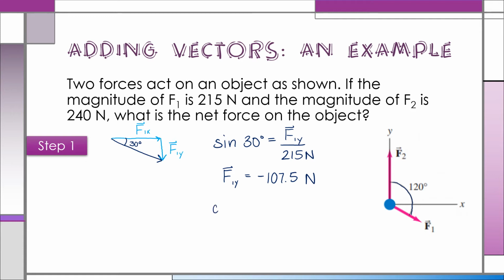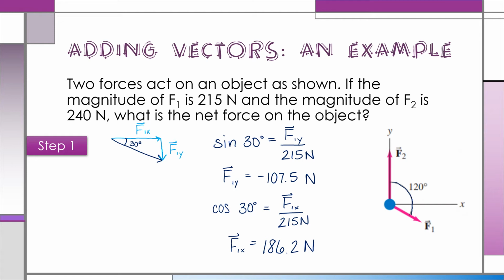Similarly, we'll use the cosine function in order to find the x component, since cosine gives us adjacent over hypotenuse. And when we solve for that x component, we end up getting a positive, since it's pointed to the right, 186.2 newtons.